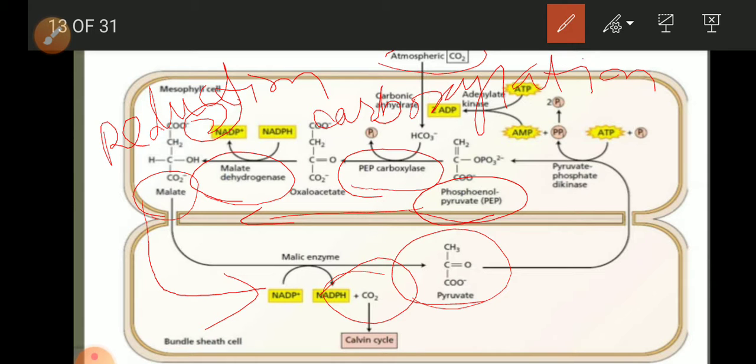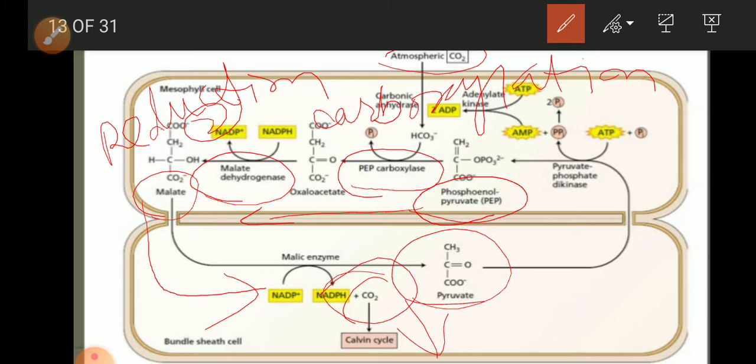This is called decarboxylation. Now the carbon dioxide amount is increased in this reaction, and it will move into the Calvin cycle, and the whole Calvin cycle will move on and the formation of glucose will continue, like photosynthesis continues.